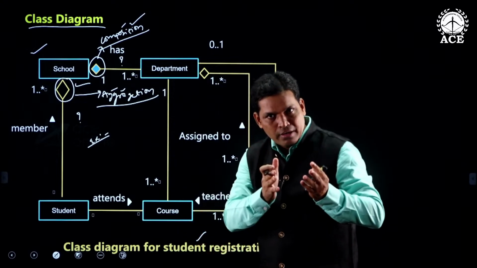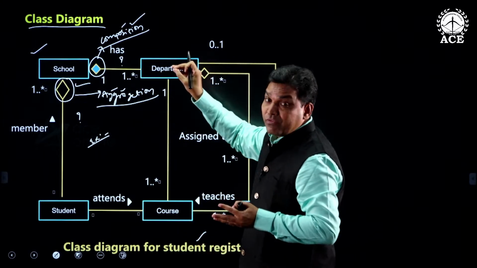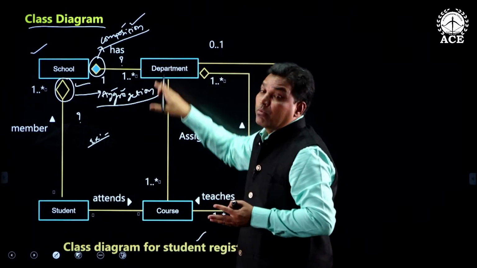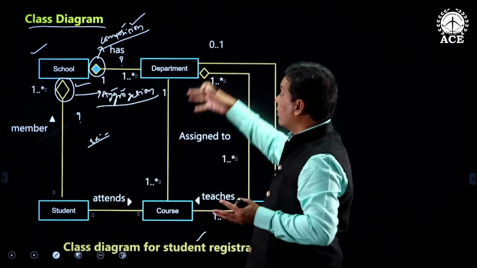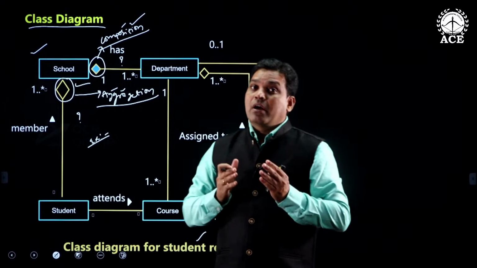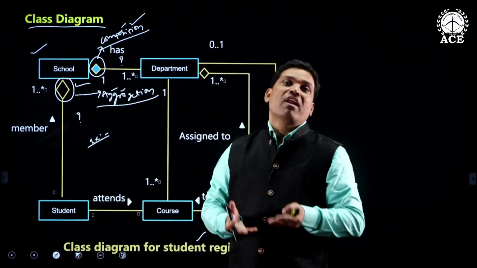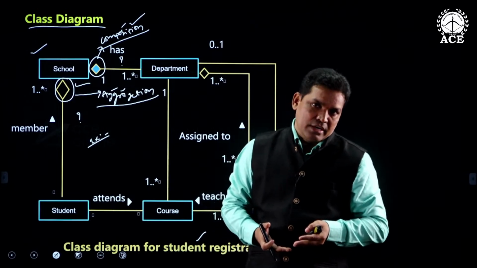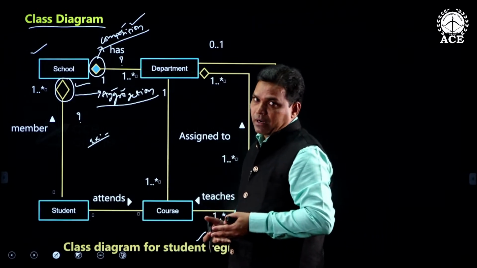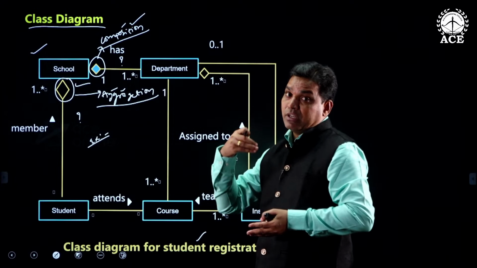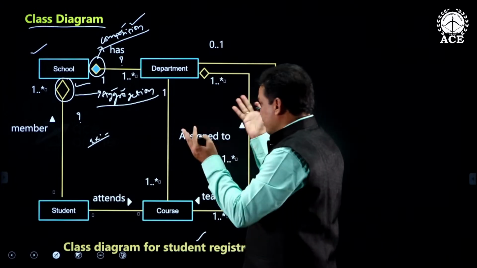Then only is our design model a valid design model. Otherwise, it might have some design flaws, meaning design errors. That's why designers have to think properly and specify suitable relationships among classes.